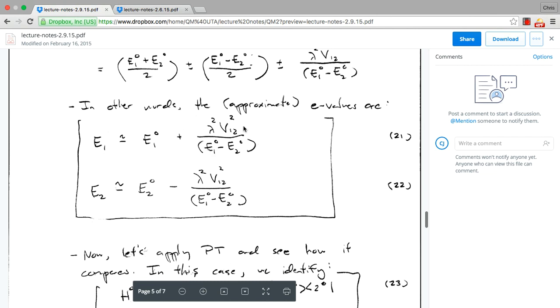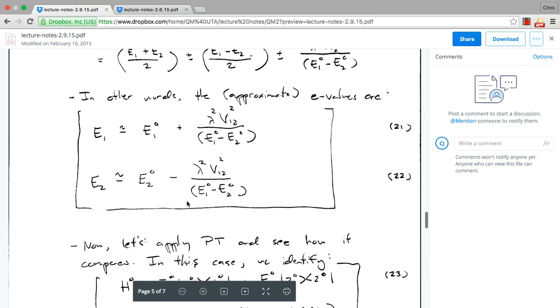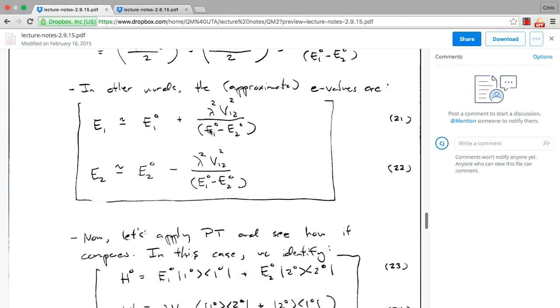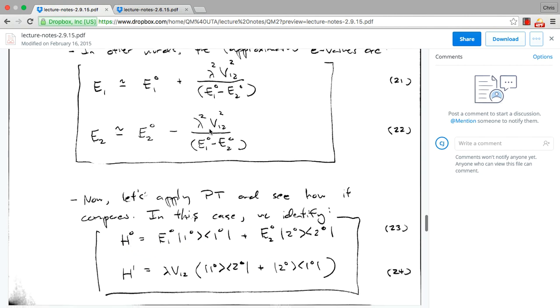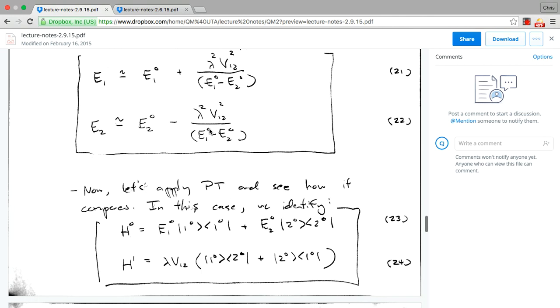So here, this thing would get pushed up, whereas this guy would get pushed down. And even as I increase the strength of lambda, let's assume that we could turn a knob and change the parameter, what we see is that these energy eigenvalues get further apart.